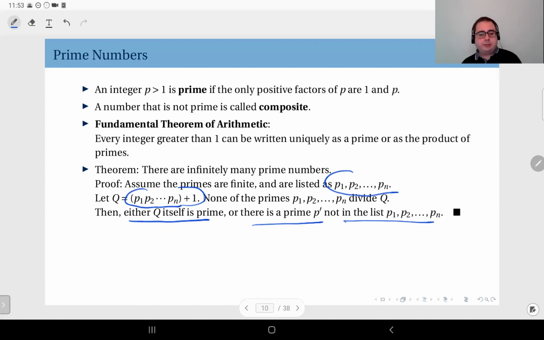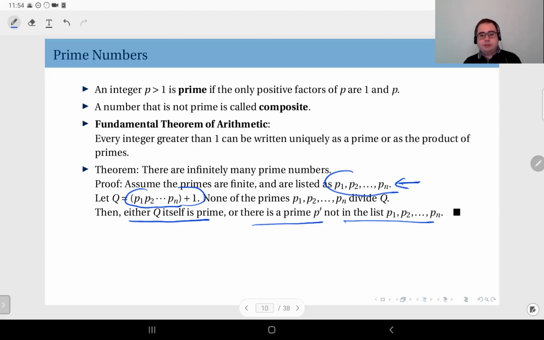Okay, so these are the two possible scenarios, because the number q is not divisible by any of the numbers P1 through Pn in this list, but by the fundamental theorem of arithmetic, it must have a unique prime factorization. Therefore, that factorization involves a prime number that is not in the list, right? That prime number could be q itself if it's really prime, or some other prime number that is missing from this claimed list of all primes.